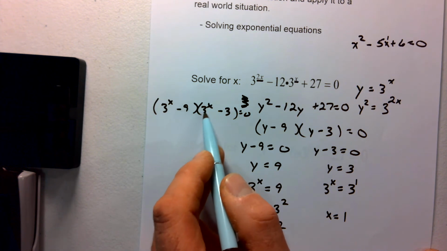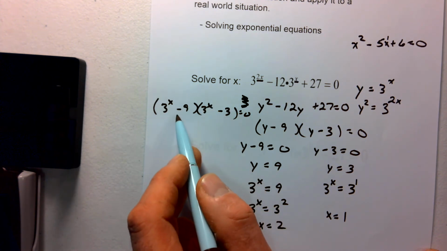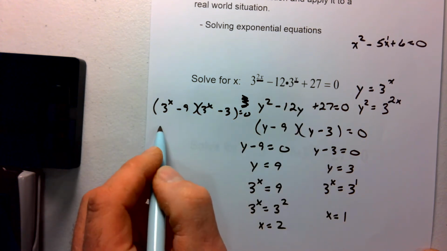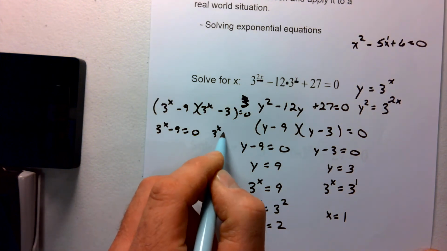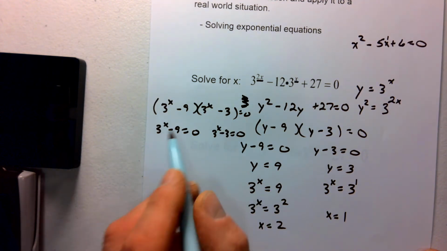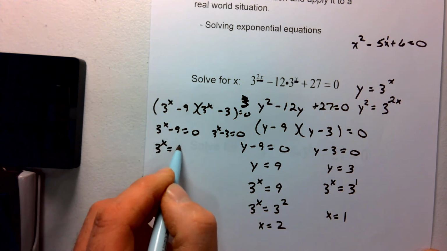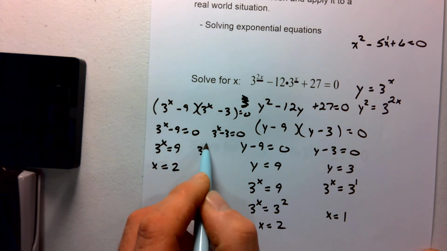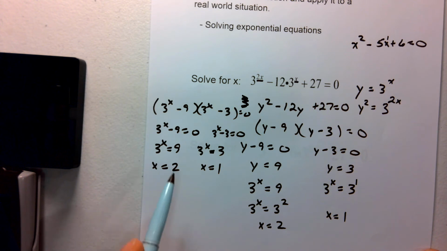That's going to multiply to give us negative 9 times 3 to the x and negative 3 times 3 to the x, added together gives us a negative 12 times 3 to the x. So I get 3 to the x minus 9 equals 0, and 3 to the x minus 3 equals 0. I can go ahead and solve both of these equations. 3 to the x equals 9, so x has to equal 2. And 3 to the x equals 3, so x has to equal 1.